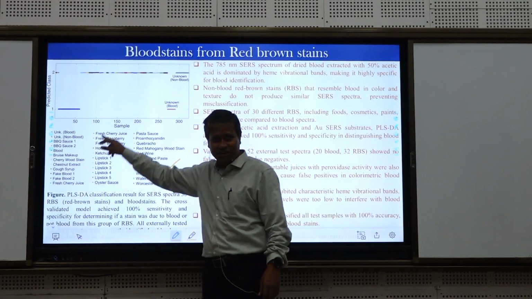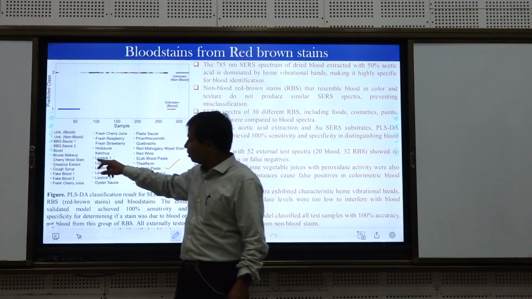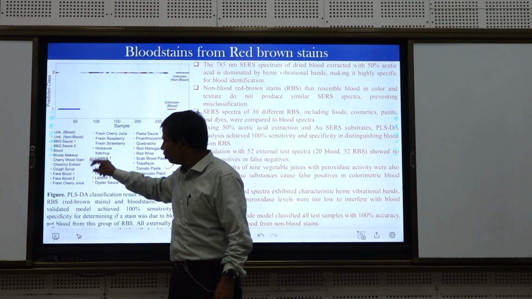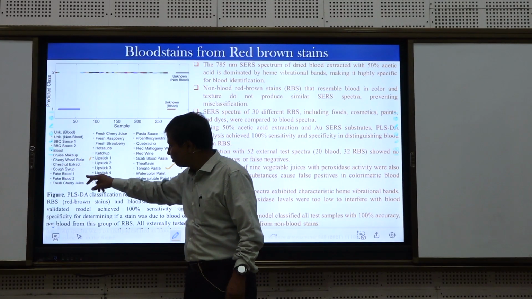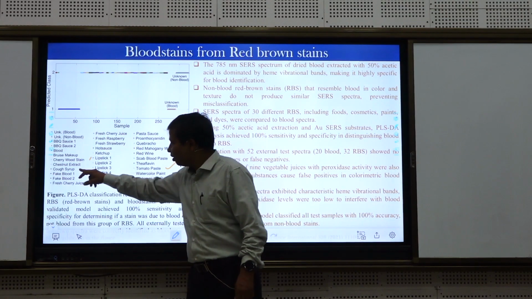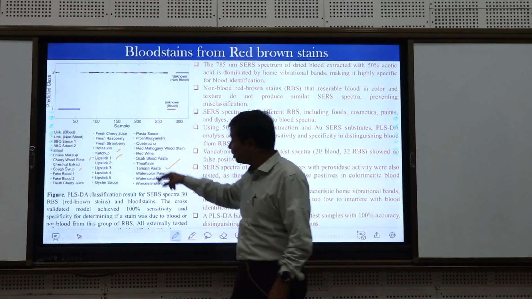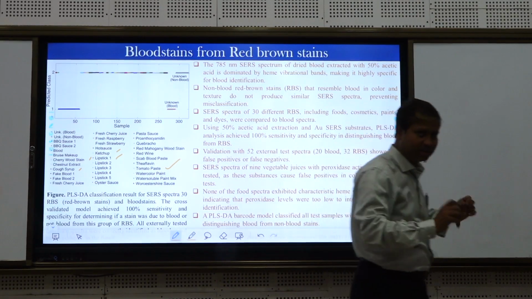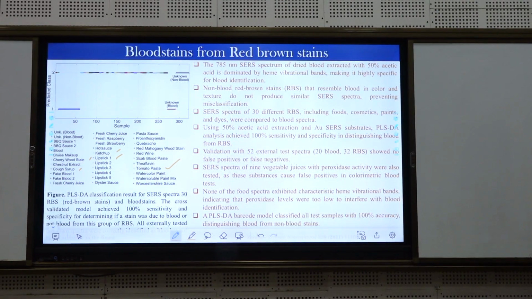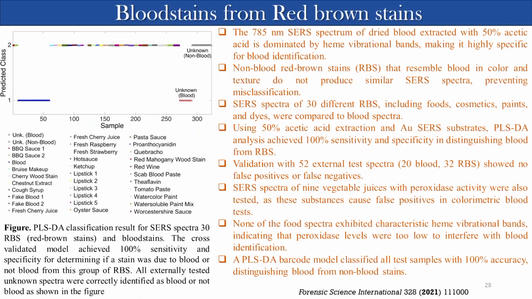Lipstick, so many things they have studied: makeup, cherry wood stain, chestnut, fake blood, cough syrup, lipstick, ketchup. So many things they have studied, and they said that yes, Raman spectroscopy can help you tell whether it is dried human blood or not.